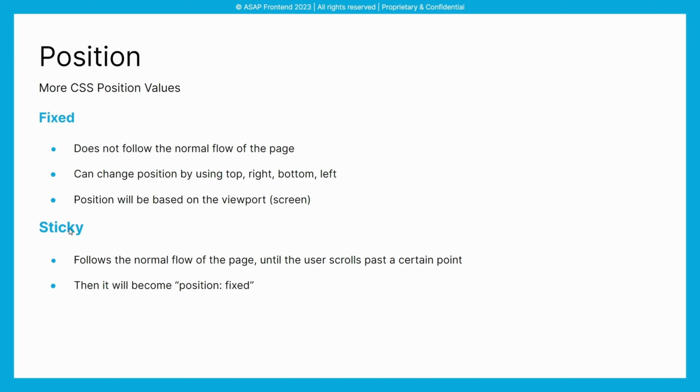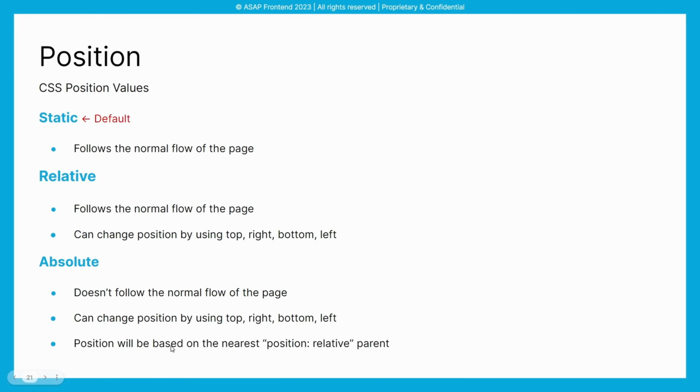But now where the two values differ is that position fixed will always be based on the viewport, whereas position absolute will be based on the nearest position relative parent. And if a position relative parent or any other position besides static does not exist, only then will it be positioned relative to the viewport.